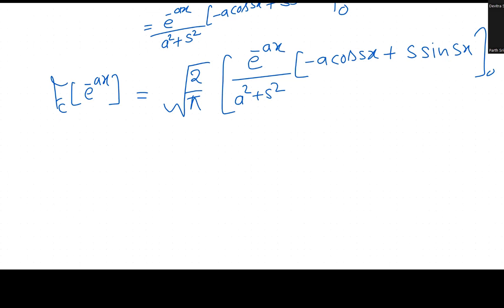And if we apply 0 here, then its value becomes 1. For 0, the sine term will be 0 and cos will be 1. So obviously we will get minus a here. When we apply the lower limit, we have a minus, because it is upper limit minus lower limit, as you know very well.